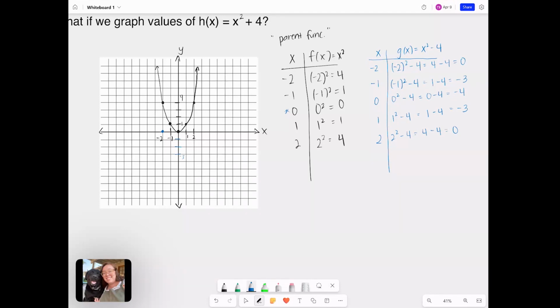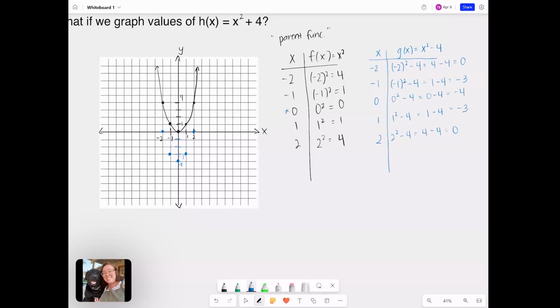There's -3. So there's a point there. 0 and -4. There's -4. So there's a point there. 1 and -3. And back to 2, 0.